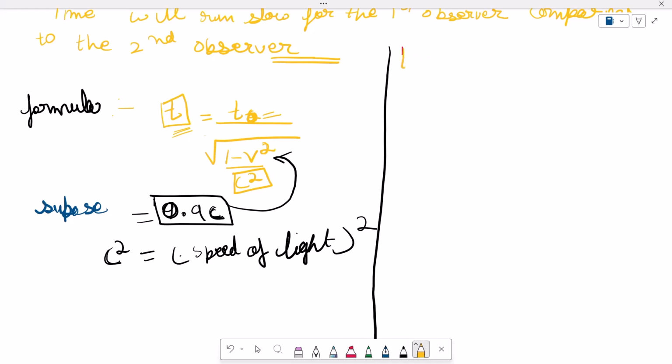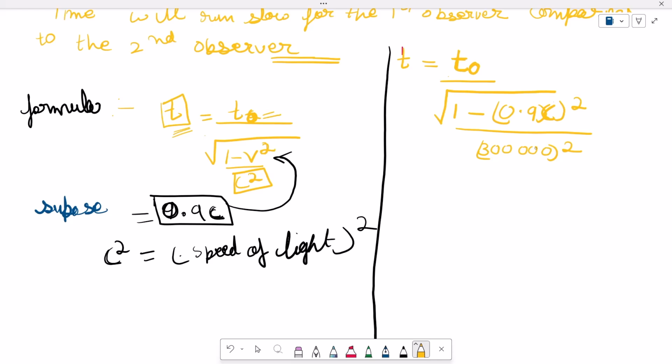So T will be T0 divided by the square root of 1 minus v squared, which is 0.9 c squared, divided by 3 lakh squared.